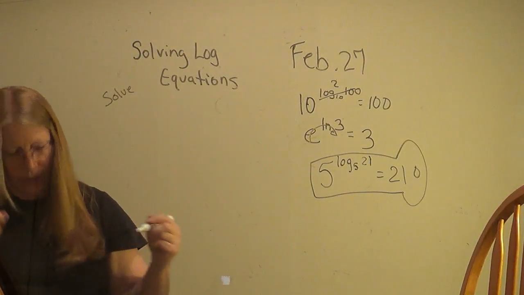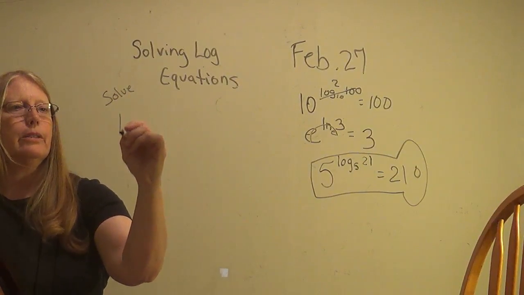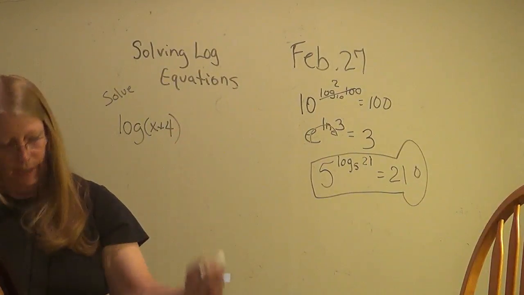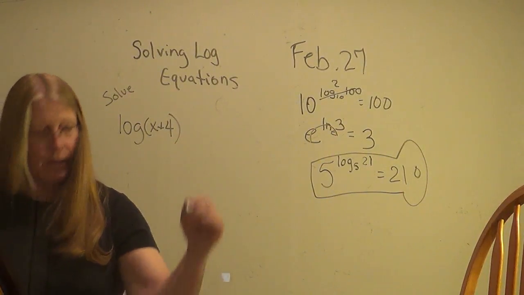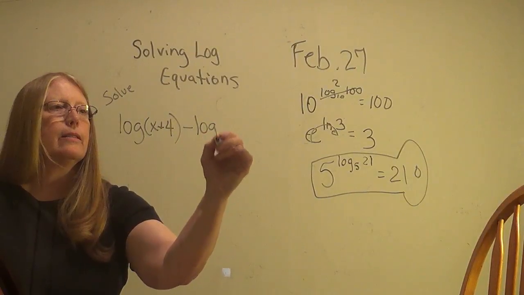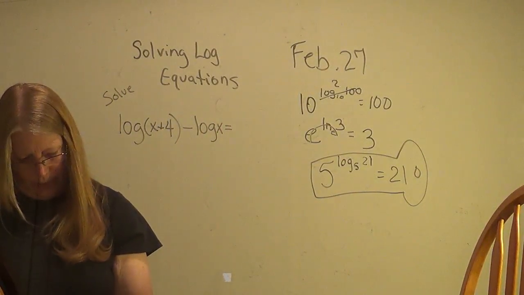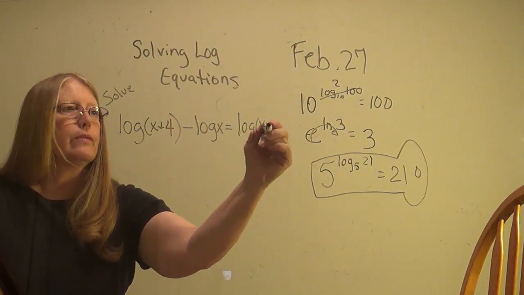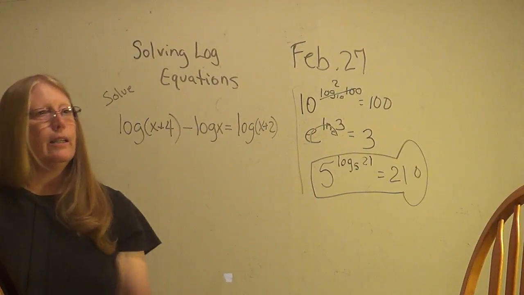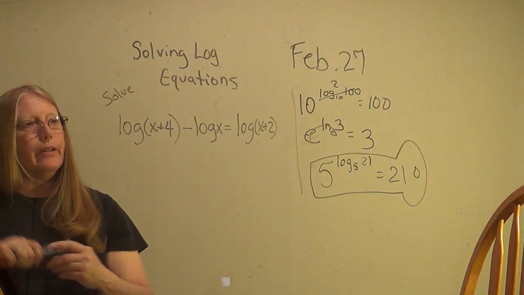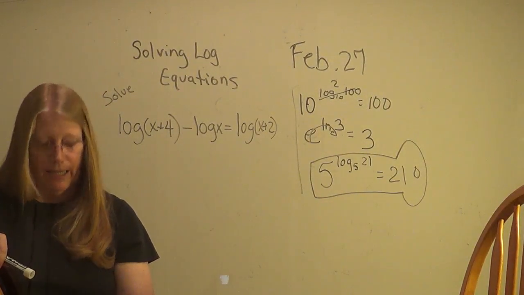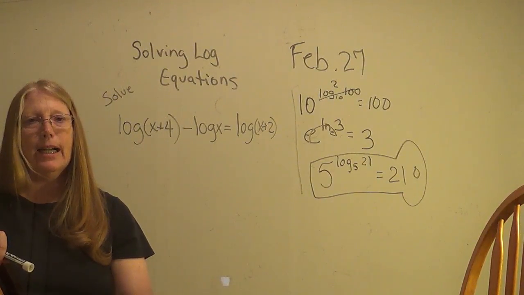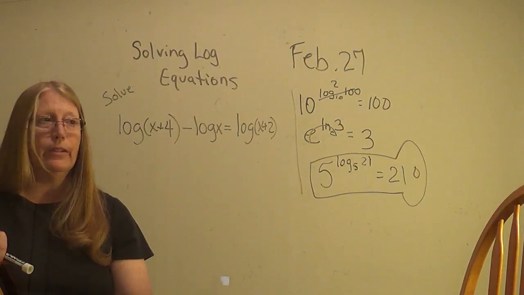Log, LOG again, so log(x plus 4) minus log x equals log(x plus 2). Alright, before we can go any further, we can't exponentiate both sides until there's 1 log or less on one side and 1 log or less on the other side.